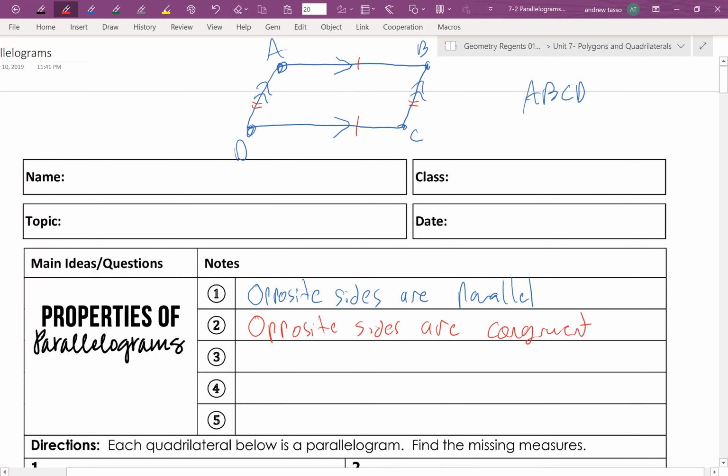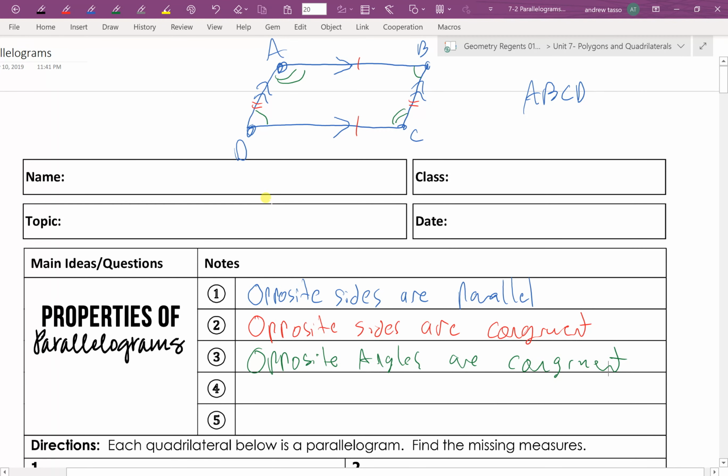So one thing that I can say for sure is that opposite angles are going to be congruent, and this is the way that I could show that. So for example, angle B and D would be congruent, and angles A and C would be congruent, right? So I'll write that in here. Opposite angles are congruent. Okay, good.